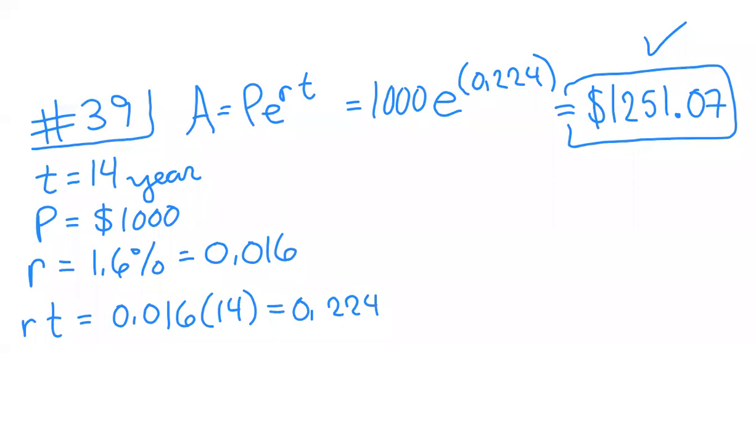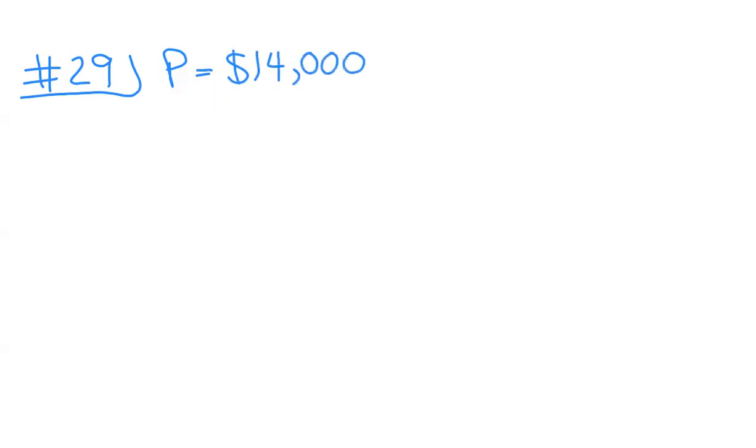In the next problem, which is 13 for you and 29 in your book, they ask you to solve one question in several ways. In number 29 in your book, you are given a P, an investment value of 14,000.